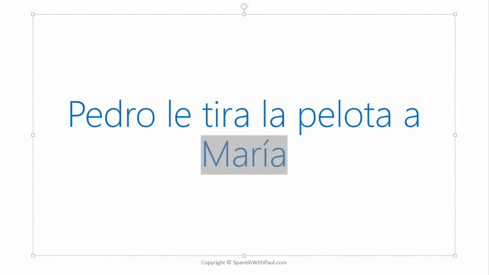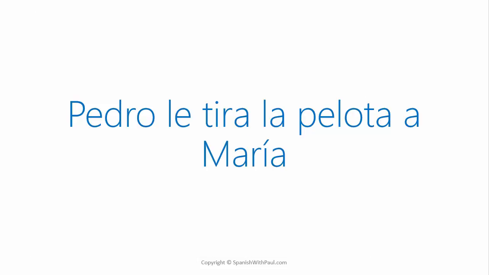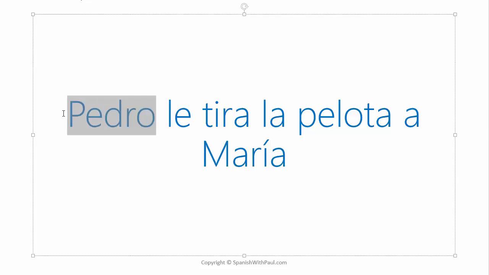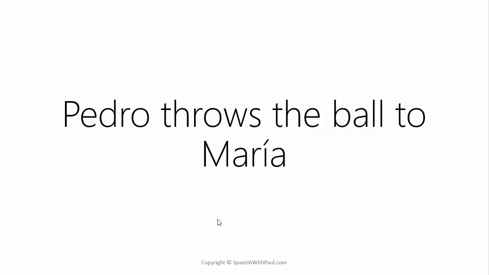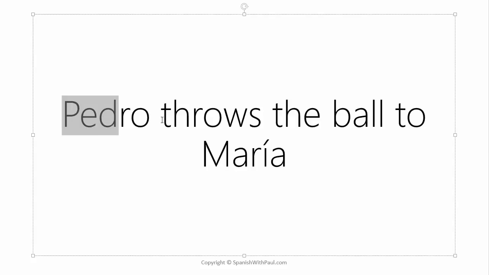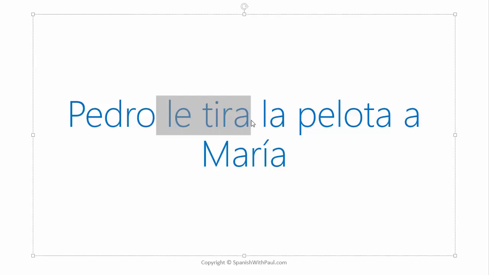See how strange that sounds in a literal translation? But this is correct Spanish. So once again, Pedro throws the ball to Maria would literally be Pedro to her throws the ball to Maria. Pedro le tira la pelota a Maria.